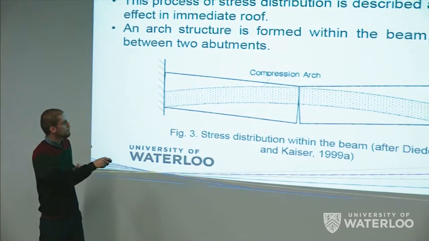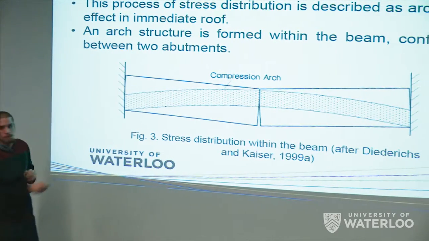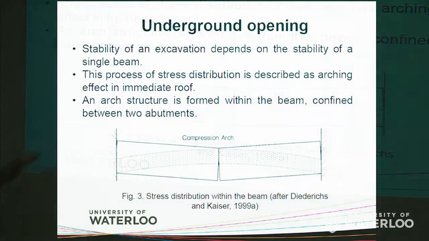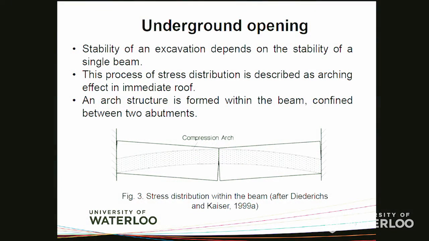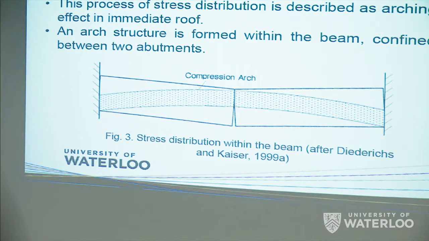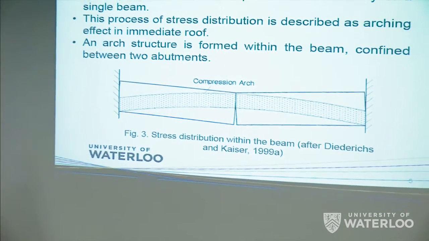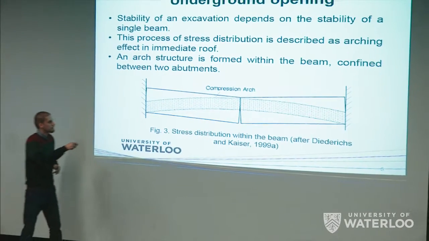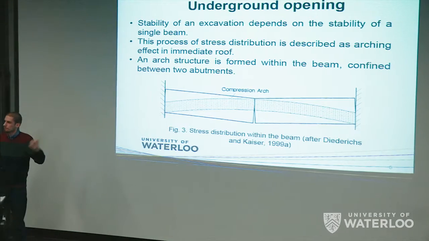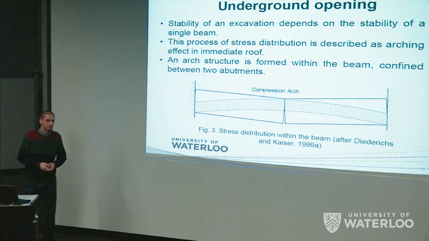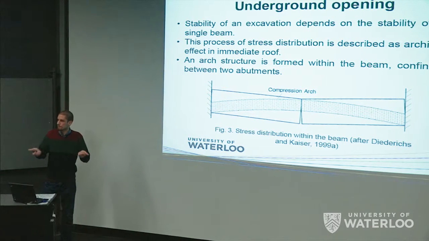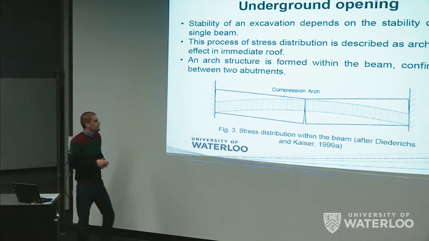And this shape, this curvature is the compressive zone, compression, all right? And top edge over here, and also at the bottom of the midspan here, I have the tensile zones, all right? This arch shape, this distribution of the compressive stress is called arching effect. That causes the transmission, lateral transmission of the stress to the abutments.